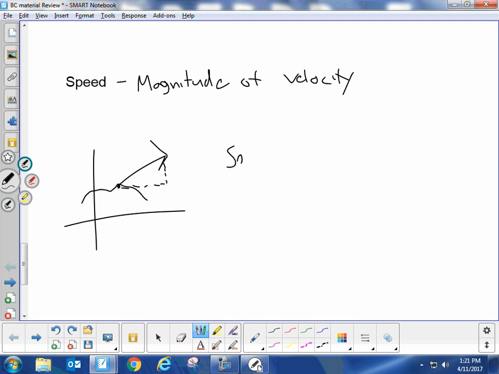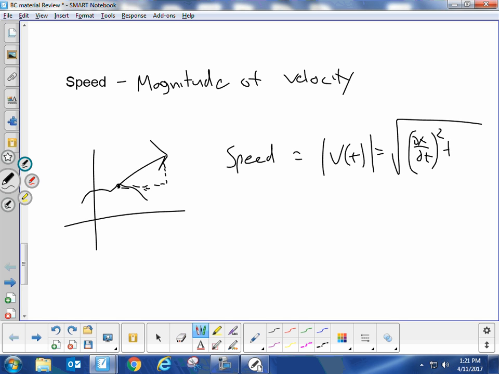Speed would just be equal to, we use the absolute value for magnitude of velocity, and that would be equal to the square root of dx/dt squared plus dy/dt squared. And this is just a Pythagorean theorem formula, and this would be speed.